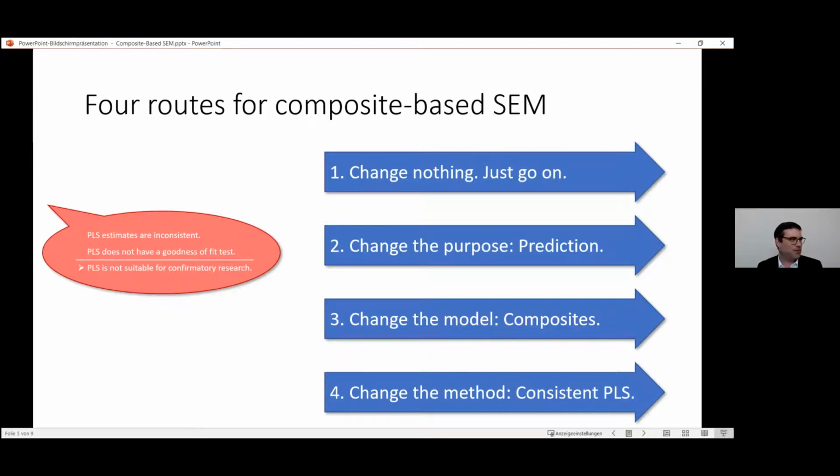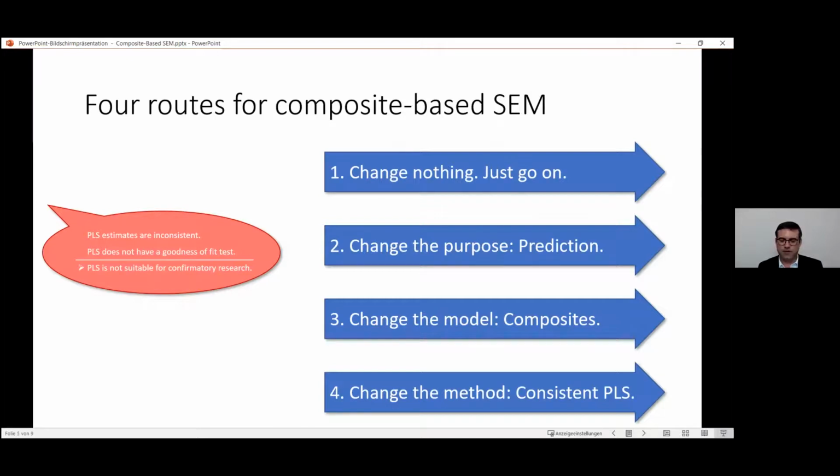Here, particularly Galit Shmueli, who was a department head, where also Nicholas Danks worked for some time, I think, took that position. Then a third possibility was, well, PLS does not estimate reflective measurement models, but it consistently estimates composite models. So if we want to estimate composite models, then PLS can do this job. So we make the model fit to what PLS does.